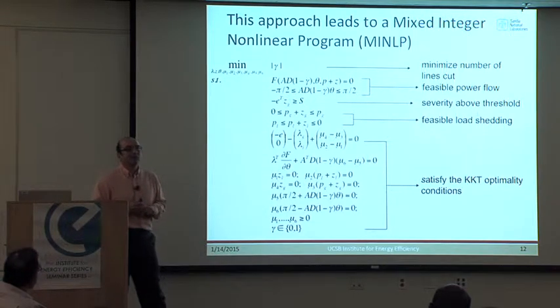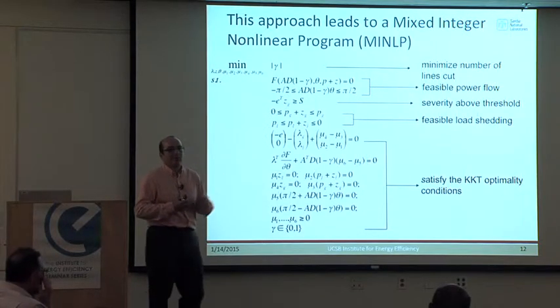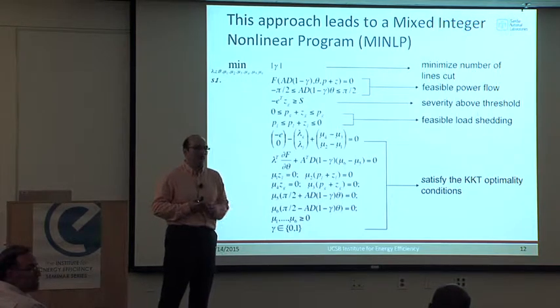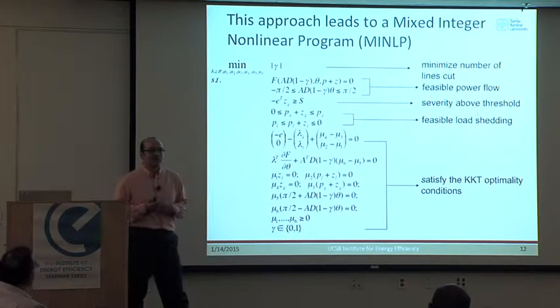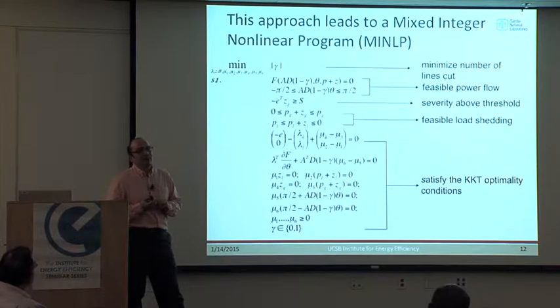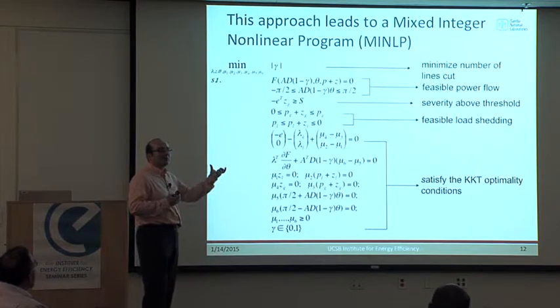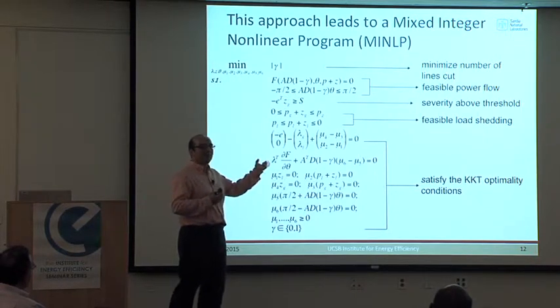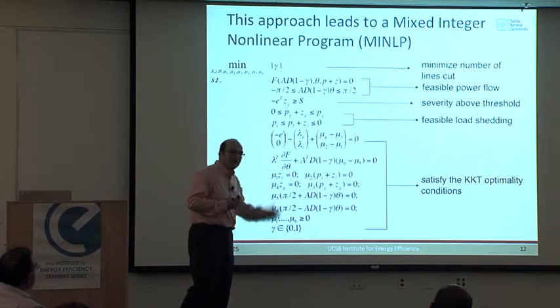And not all loads are created equal. You need to keep hospitals and transportation systems. We don't shed the loads for that. Usually the residential areas are shed. But for now, I'm not even interested in the vector z itself. I'm interested in the magnitude of that vector.